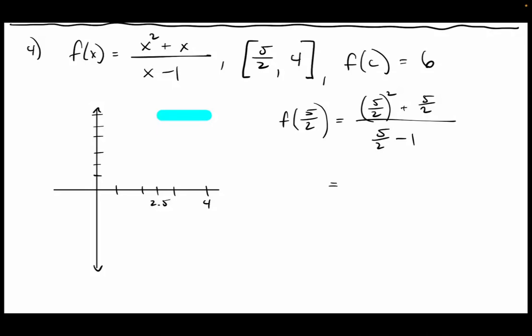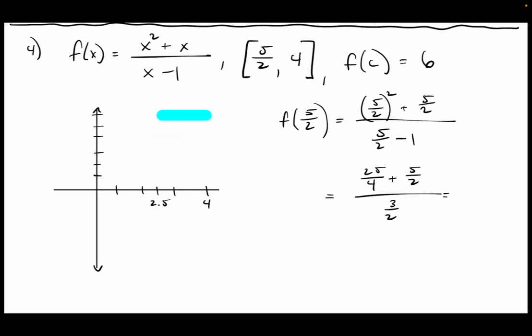5 over 2 squared: square the top, 25, square the bottom, 4. That's how you square fractions. Plus 5 over 2 is 2.5. Minus 1 whole is 1.5, so that's 3 over 2. Now combine common denominators.